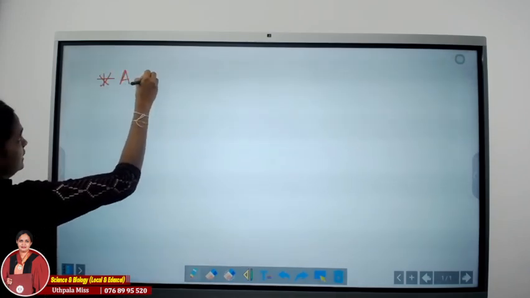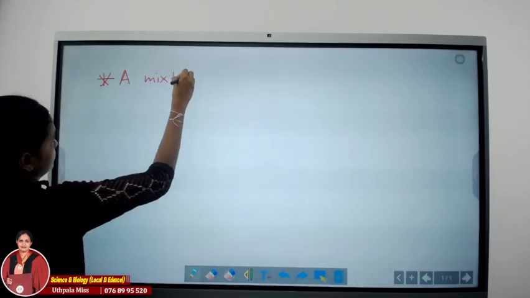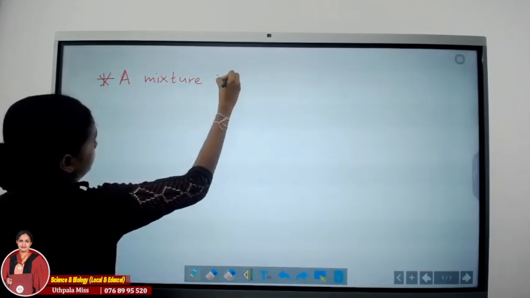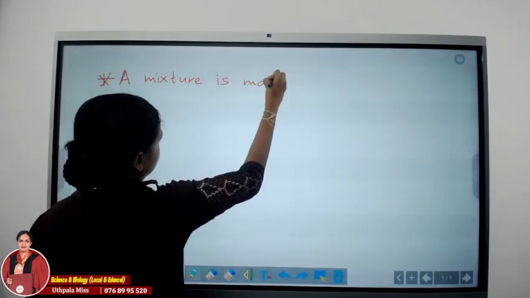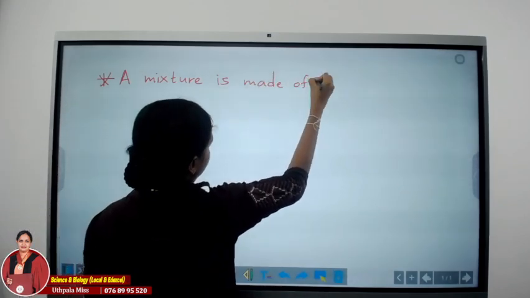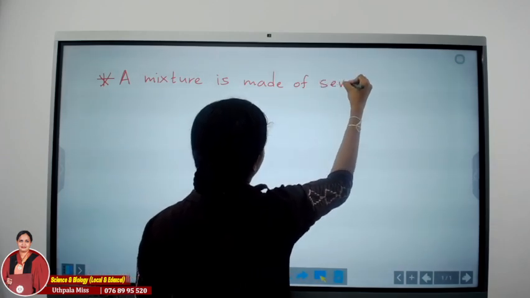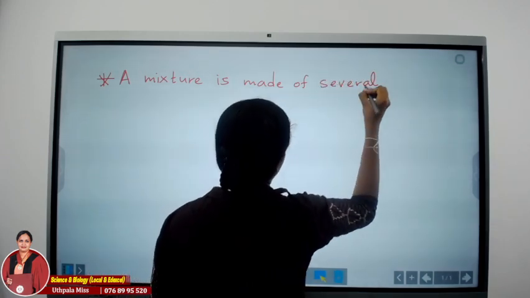A mixture is made of several components, or we can say constituents.